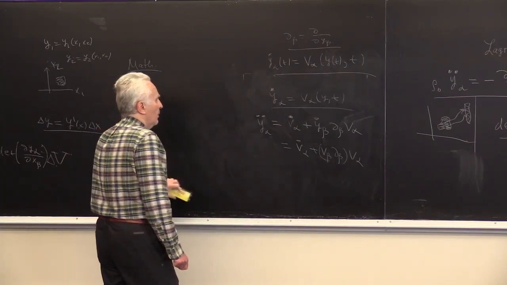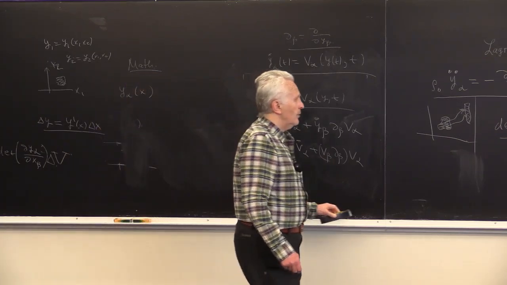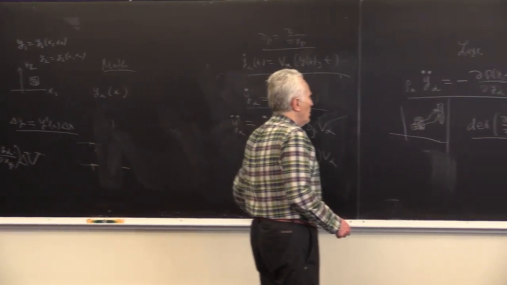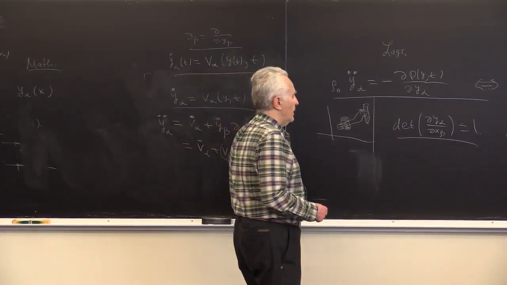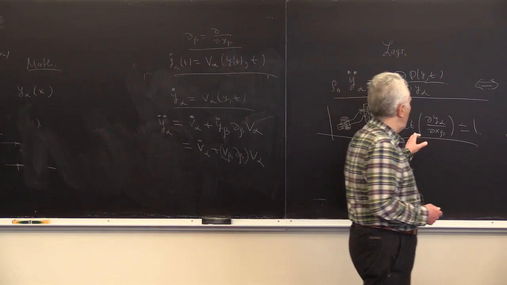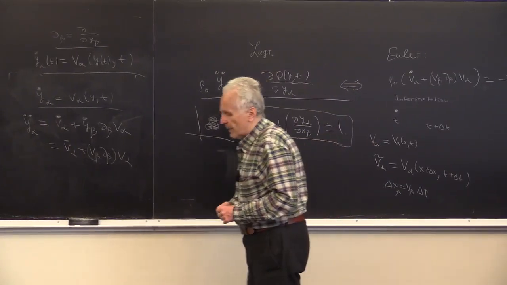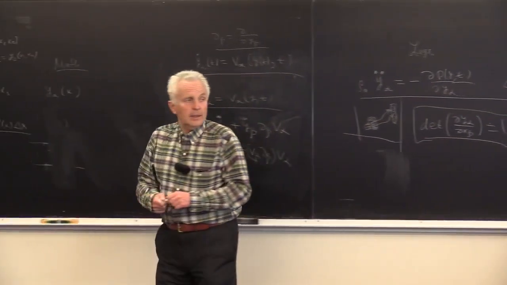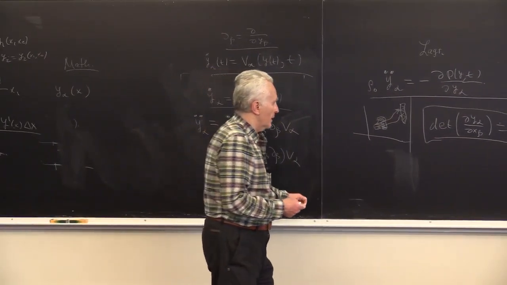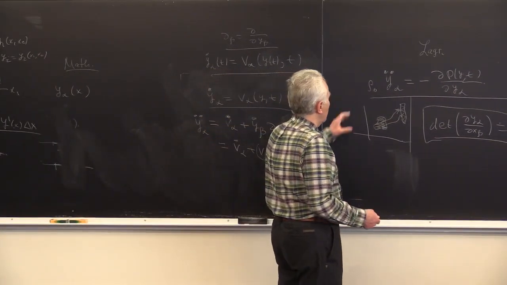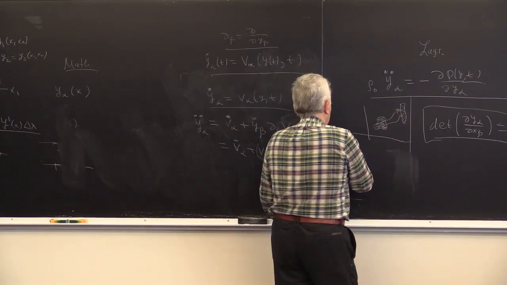And now there is one more point to be made, and we have to rewrite this equation in terms of the velocities. And once again, let's differentiate it by time.